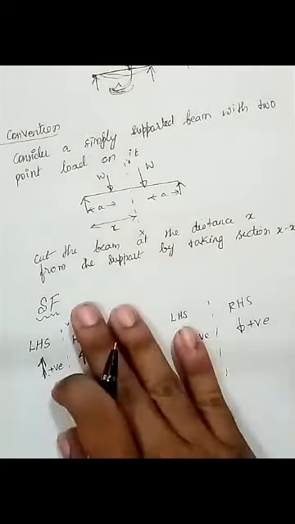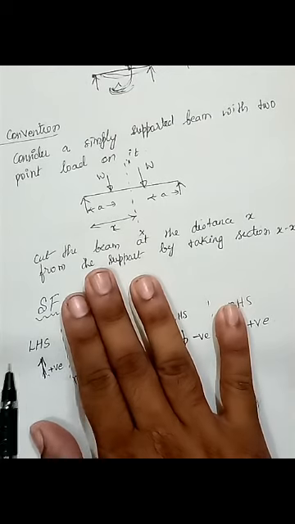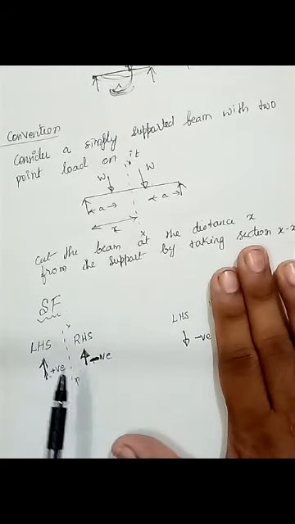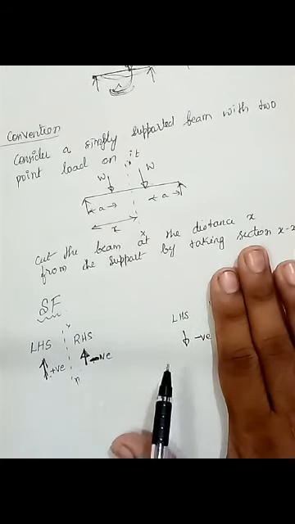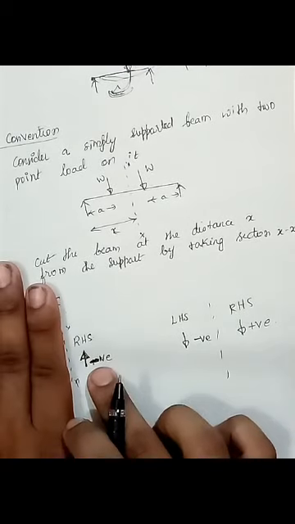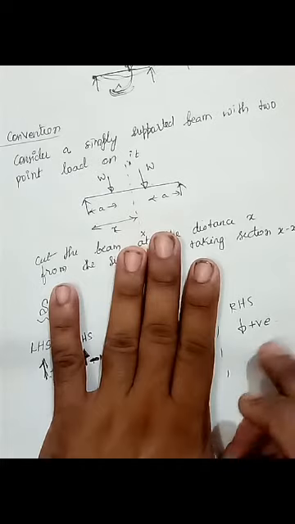So when I consider the left hand side of the beam, upward moving forces are positive and downward coming forces are negative. When I consider the right hand side of the beam, upward moving forces are negative and downward coming forces are positive. This is for shear force.